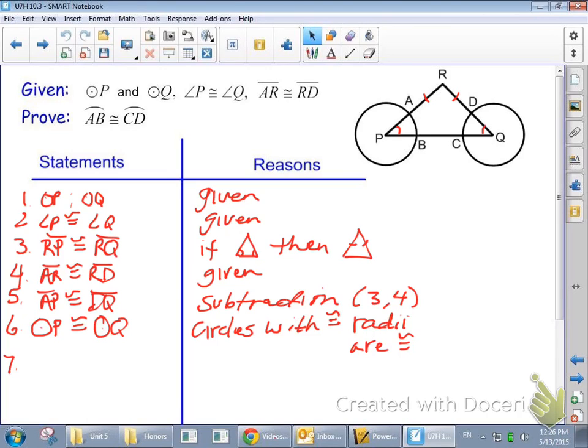And if we know that those two angles, angle P and angle Q, are going to be central angles because P and Q are the centers of those circles, if those two angles are congruent, then we know those two arcs are congruent. So arc AB is congruent to arc CD.